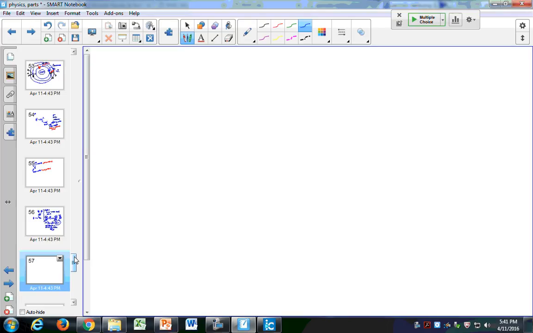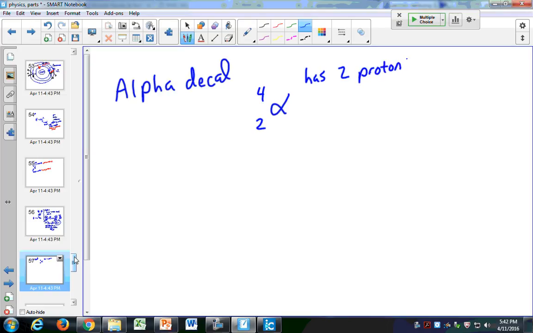In alpha decay, you emit an alpha particle. And an alpha particle has 2 protons and 2 neutrons. So the upper number here is going to be 4. It has 2 protons plus 2 neutrons. It's basically a helium atom, right? 2 protons and 2 neutrons, and so it has these numbers 4 and 2.